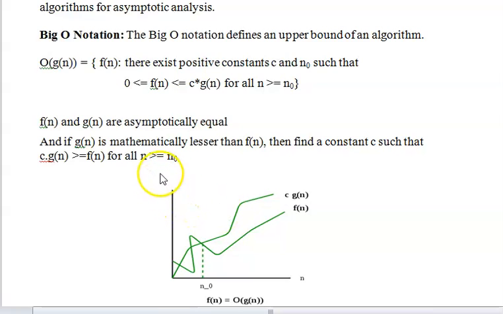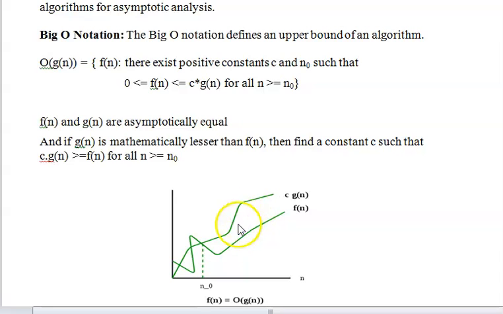So that constant is used here as c. Originally when we were comparing, g(n) was smaller than f(n), and what we have done is multiplied g(n) with c so that it became higher than f(n).